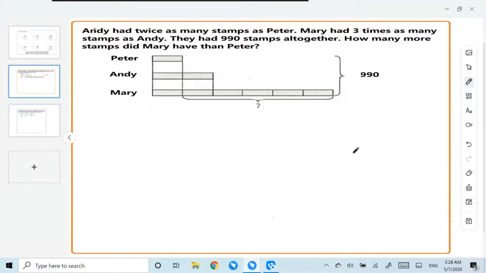Look at this one. This is for Andy. So Mary had 1 times, 2 times, 3 times. Okay? 3 times. And this is 1, 2, 3, 4 altogether, right? But Andy had 2, Mary had 2, 4, 6.